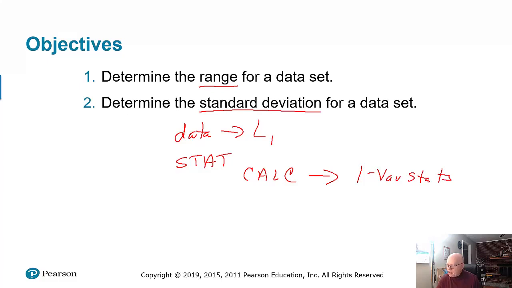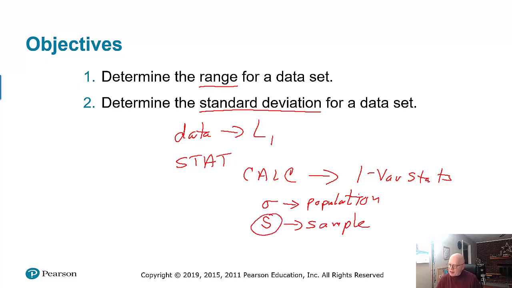The standard deviation will either be listed as small sigma or a small s, depending on where you get the data from. If the data is from the population, you've got all the data you'd really want, then this is it. If the data is from a sample, then s is your standard deviation.